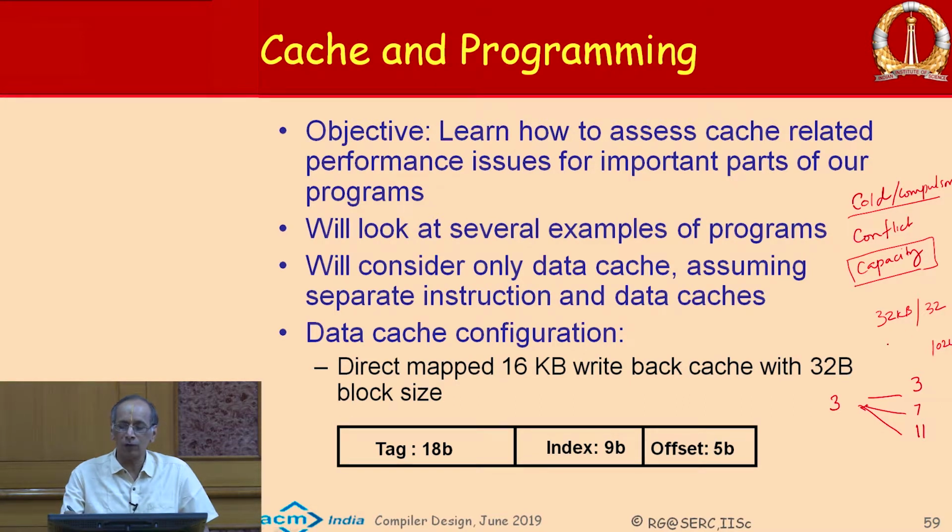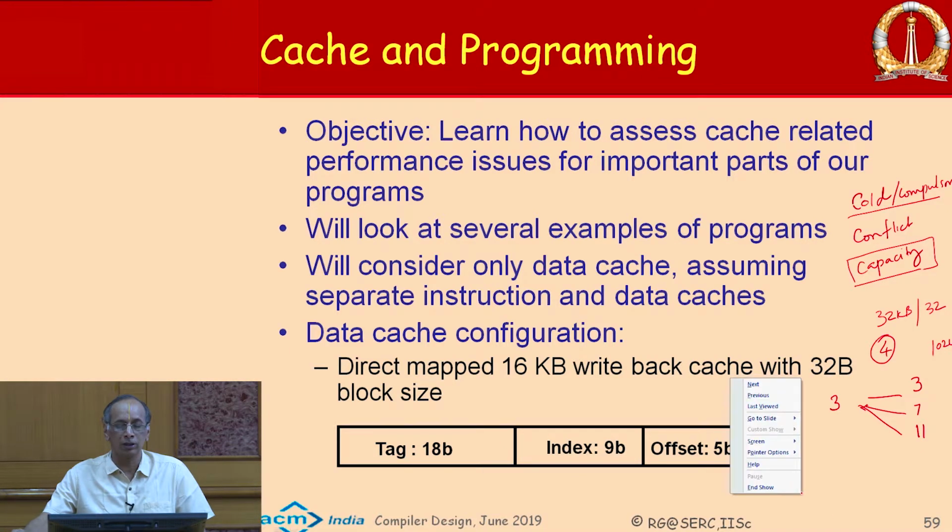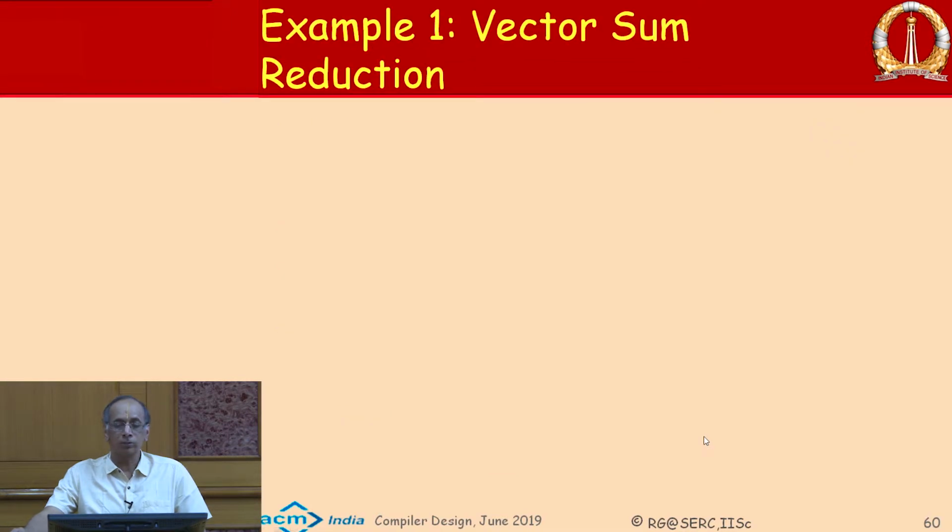Even with a four-way set associative cache, I could have had all three of them together. So, the misses which happen because my associativity is limited are called conflict misses. These are the three different types of misses. We will not worry too much about classifying them, but somewhere I might mention them. Now, let us move forward.